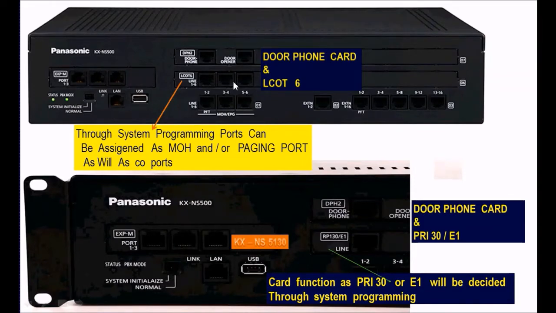This is analog trunk and one door phone. If you want to use expansion slots to expand system capacity, you can use one digital trunk card or one analog trunk card and only one door phone card.